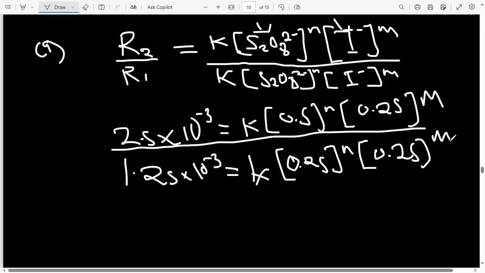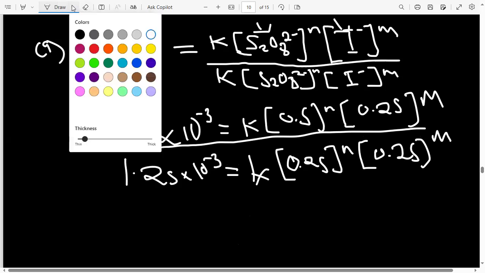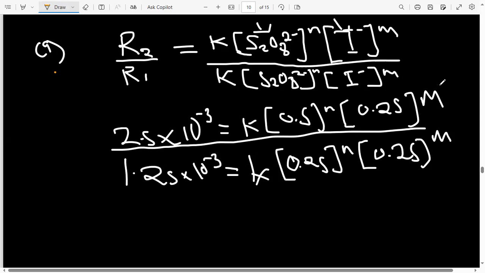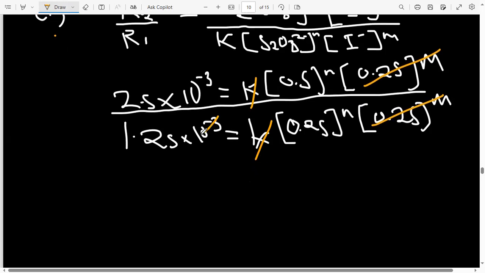So what do we see from this write-up? The k is going to cancel, and the 10 to the power minus 3 is going to cancel.